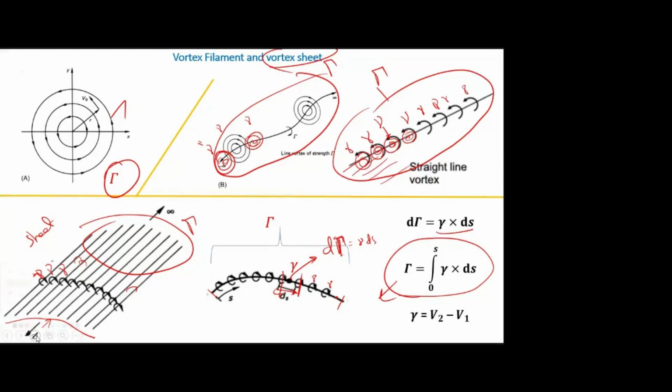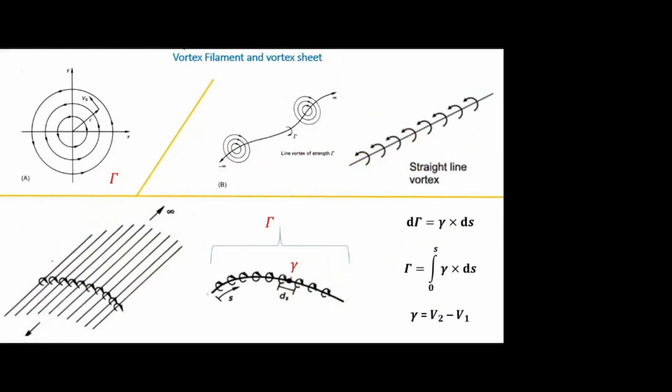Should I repeat? You said a vortex filament has the strength of capital gamma. From here to here, we assume the vortex is very small, so it is small gamma, and the vortex filament has capital gamma.